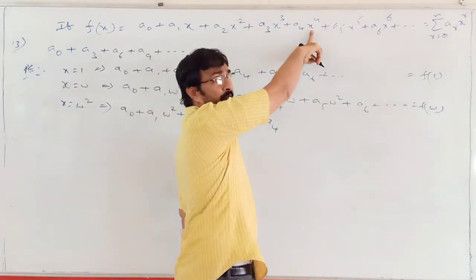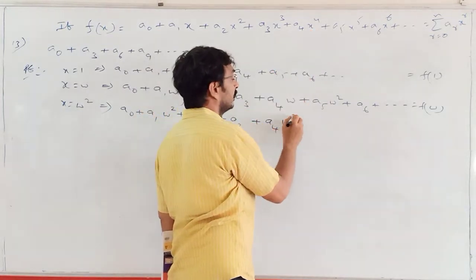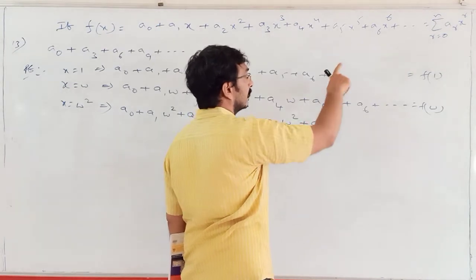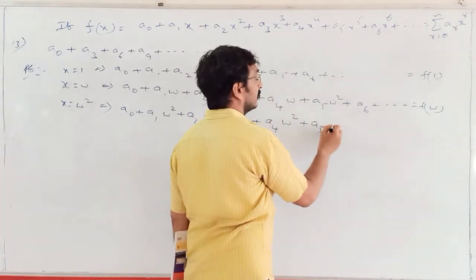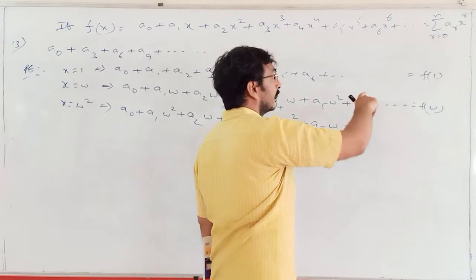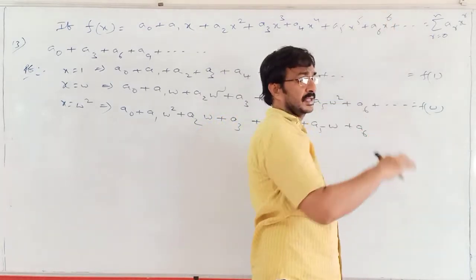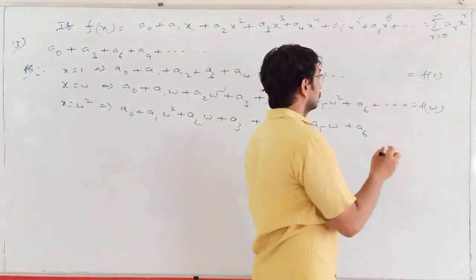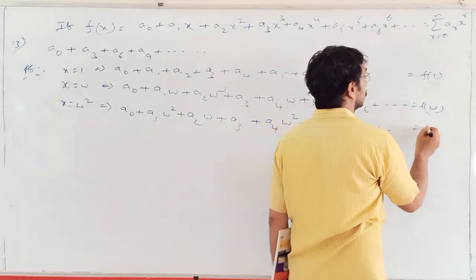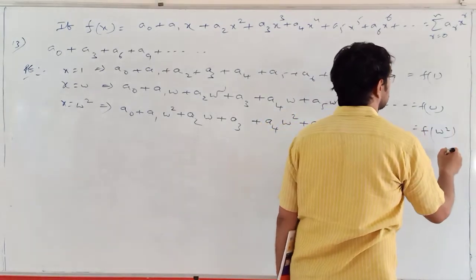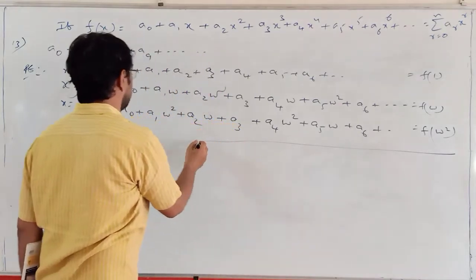Omega square whole power 4 is omega power 8, value omega square. Omega power 10, value omega. Omega square whole power 6 is omega power 12, value 1. And so this equals f of omega square. By adding these three, we get the required result.